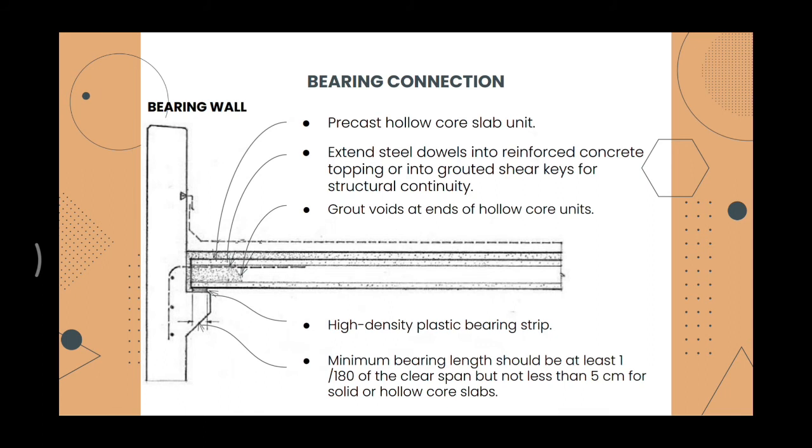Next, grout the voids at the ends of hollow core units, and in the middle of the bearing with the hollow core units are high density plastic bearing strips. Minimum bearing length should be at least 1/180 of the clear span, but not less than 5 cm for solid or hollow core slabs.